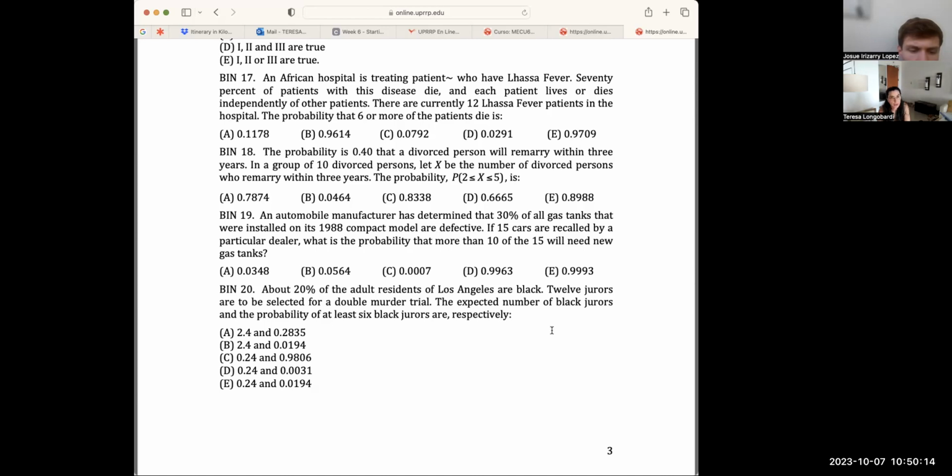So what are we looking at? We're looking at the 12 jurors, and so that's N. We're checking to see if they are Black, right? Expected Black jurors.